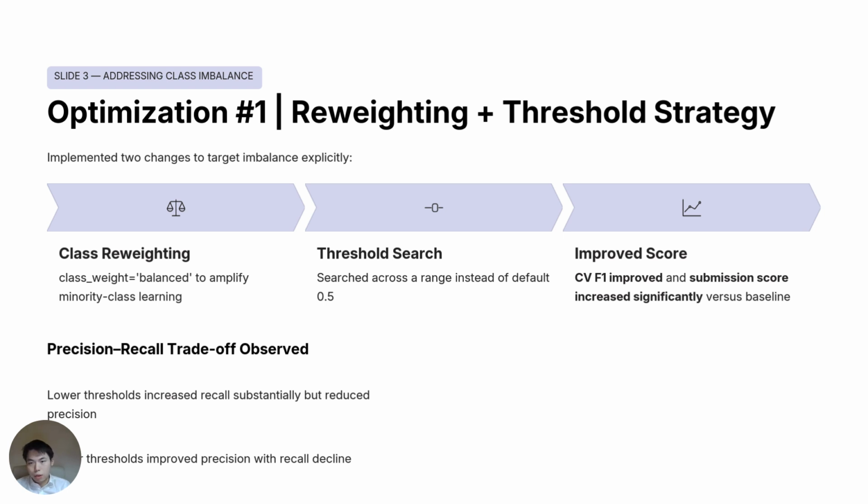I did not just use 0.5; instead I searched a range of thresholds and selected the one that maximized F1 on validation folds. I saw a clear trade-off: a lower threshold gives higher recall but lower precision, and a higher threshold improves precision but reduces recall. After balancing and threshold tuning, my results improved a lot compared to the baseline, and my Kaggle score increased significantly.